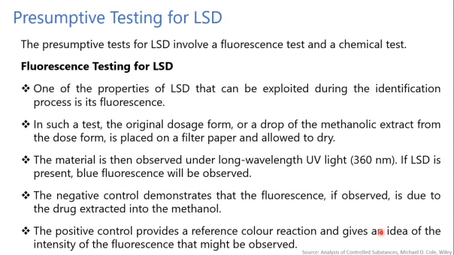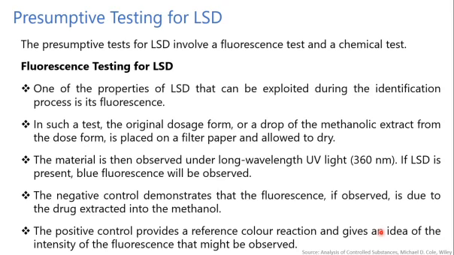In such a test, the original dosage form or a drop of methanolic extract from the dose form is placed on filter paper and allowed to dry. The material is then observed under long wavelength UV light, that is about 360 nanometer, and if LSD is present, blue fluorescence will be observed.